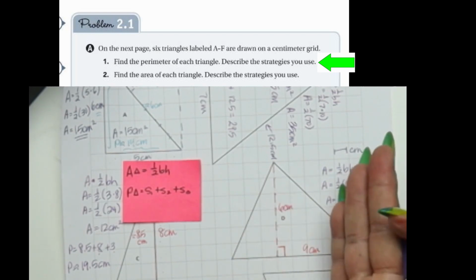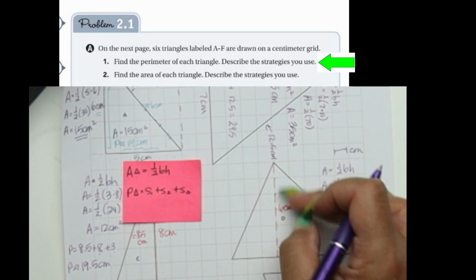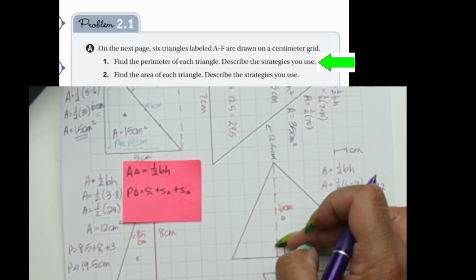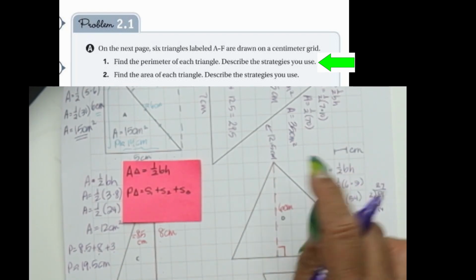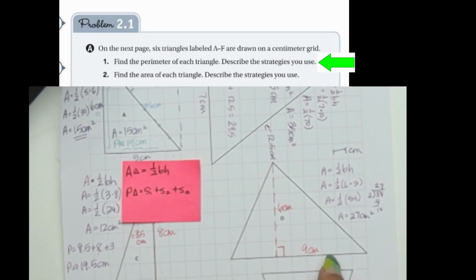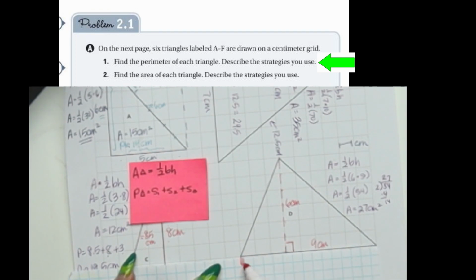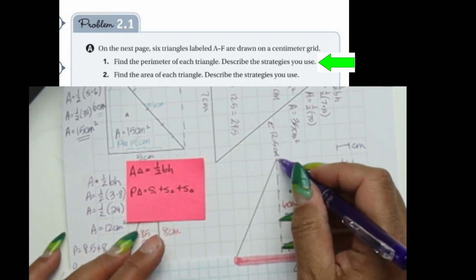Now the perimeter would be the sum of all sides. For this triangle, this height doesn't represent any side. It's just the height inside the triangle. So we have to find the length of this side and this side. I know that this is 9, so I'm going to go by 9 and find out how much longer these are and just estimate. From here to here is 9, and I wonder if this is greater or less than 9.